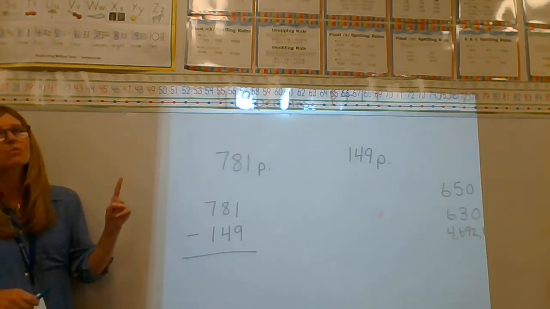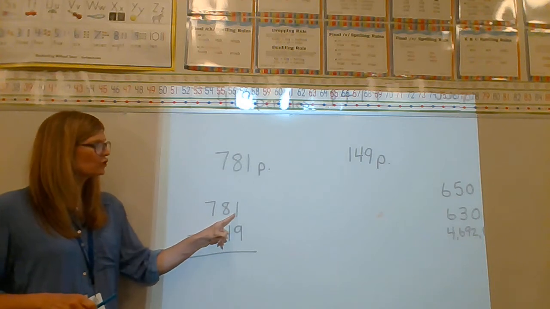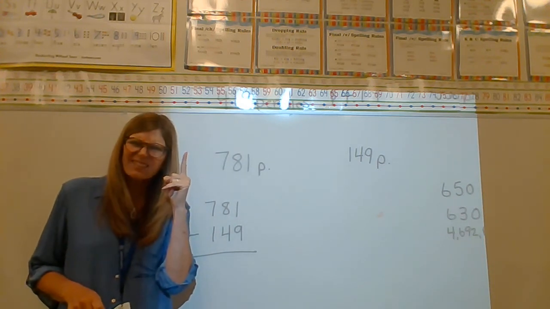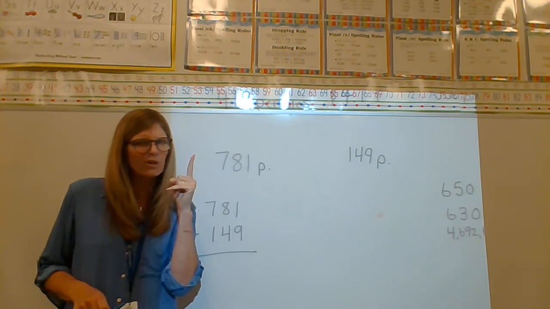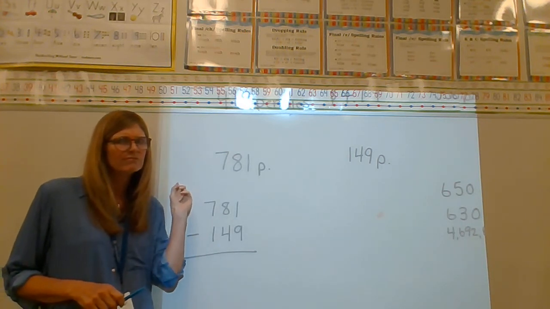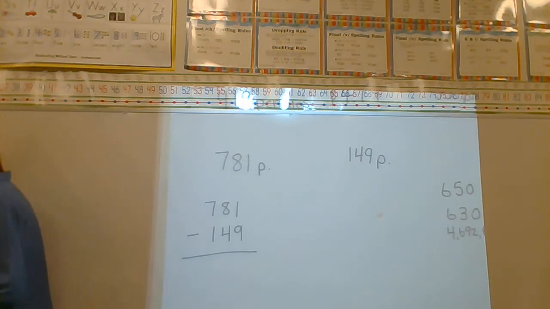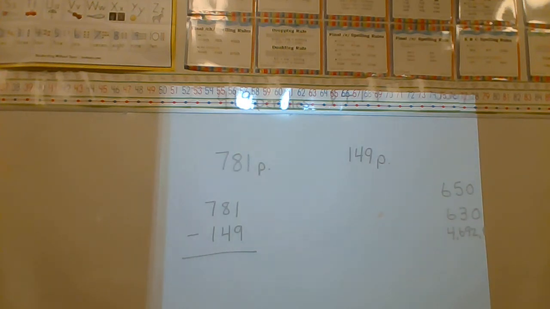Always subtract your ones first. Everybody show me one finger. If you have 1, can you take away 9? No. What do we need to do? That's right. Let's go next door. Hello? Hi. Yes, we'd like to borrow a dime and turn it into 10 pennies. Okay. Oh, thank you.